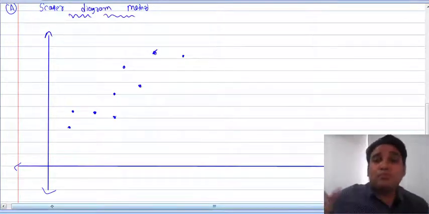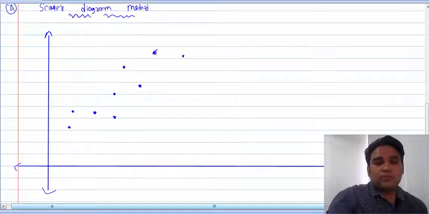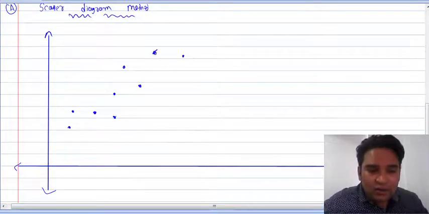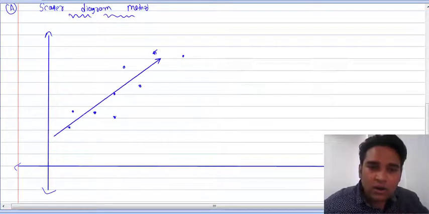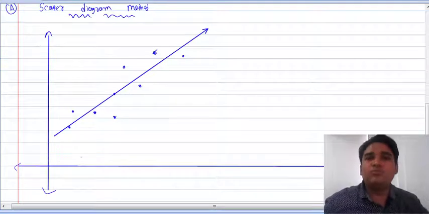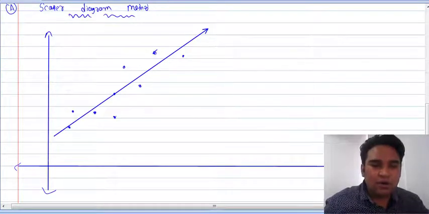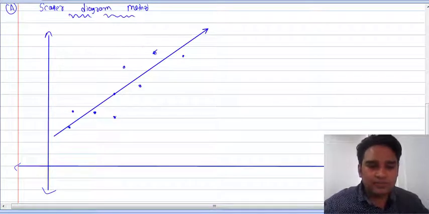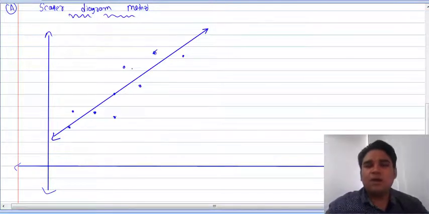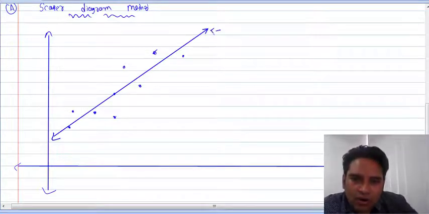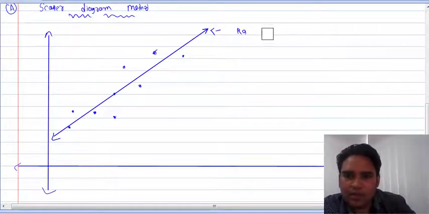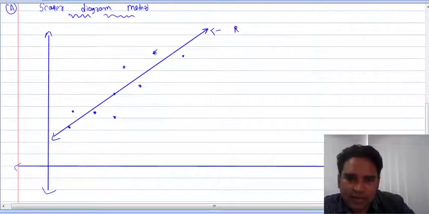If I draw one line which covers the majority of the dots, this is my regression line of Y on X. This is called the regression line.